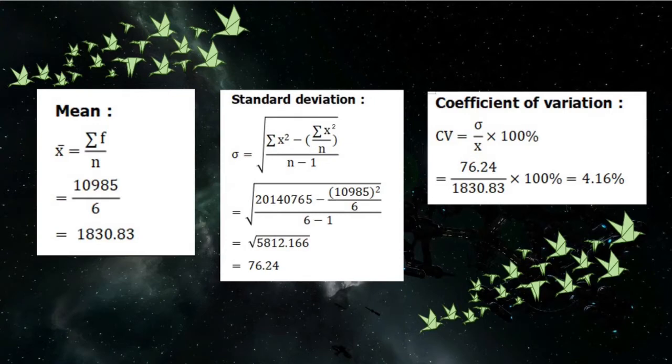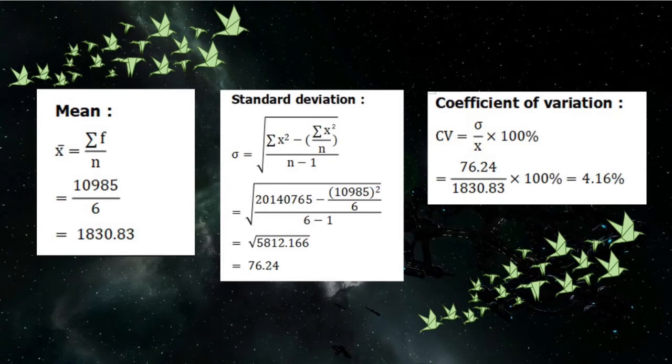Next, for our standard deviation, 20,140,765 minus 10,985 squared divided by 6, and the value will be divided again by 6 minus 1, and after that we square root the answer to get the final answer, which is 76.24.